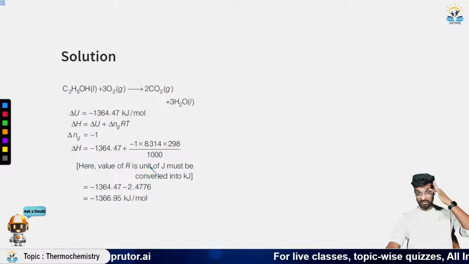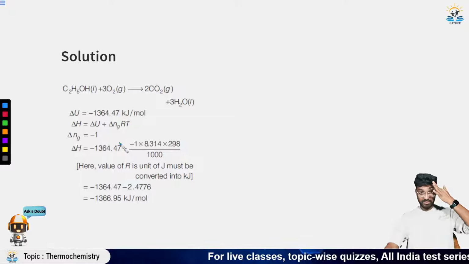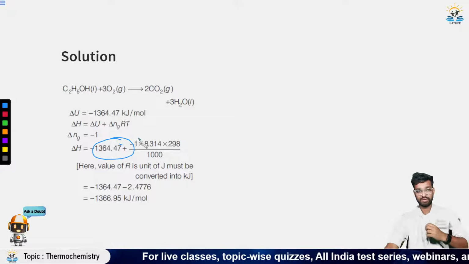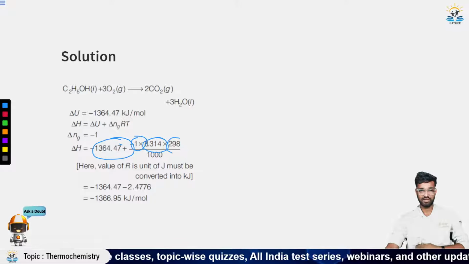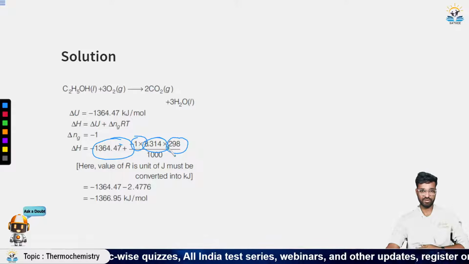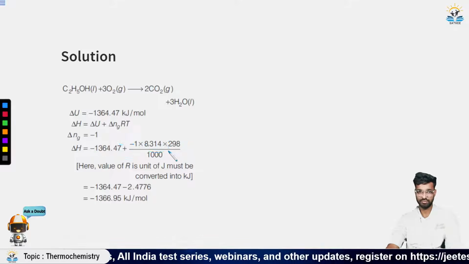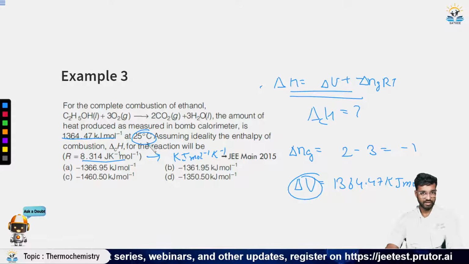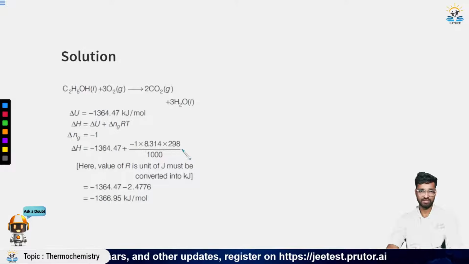So here's the solution that is also given. We take minus 1 times R times temperature, 298 Kelvin. So we have to convert this degree Celsius into Kelvin. If it is given in Celsius, we have to convert it into Kelvin as well.